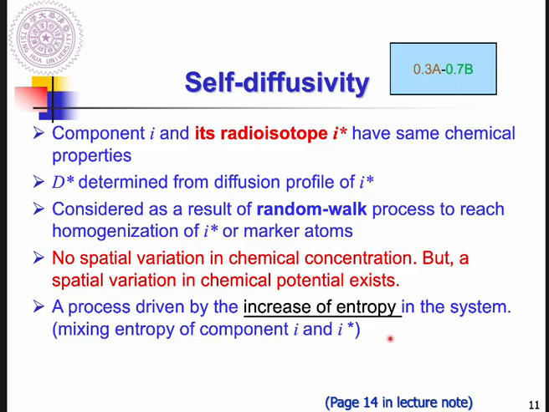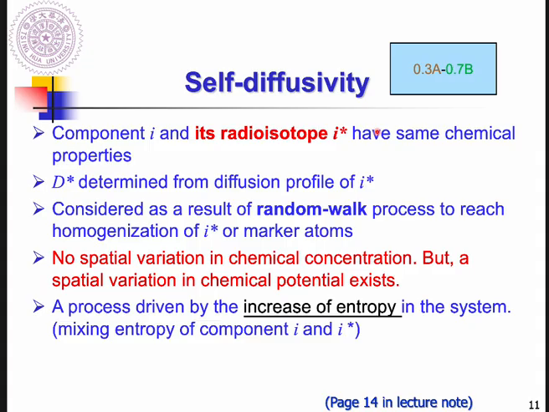So this is how to design these experiments. Some people will use ion implantation to implant the radioisotope A star in these materials, and measure the concentration profile of A star as a function of time.